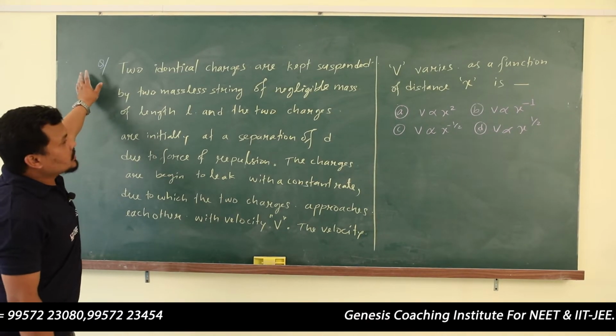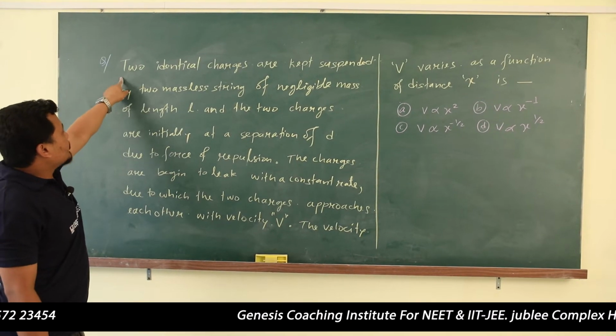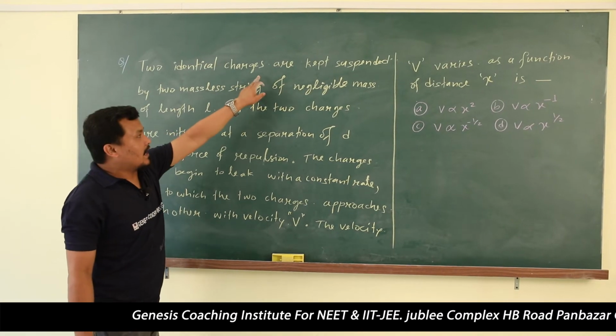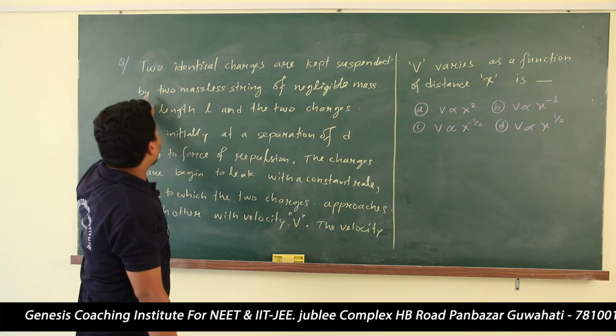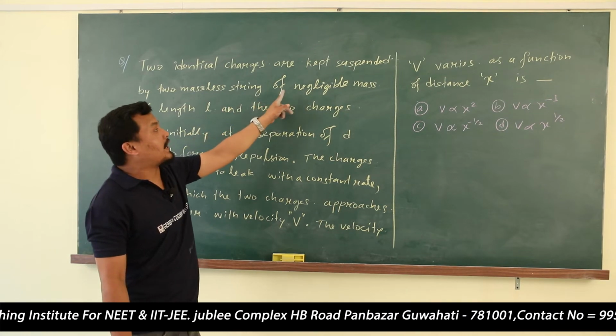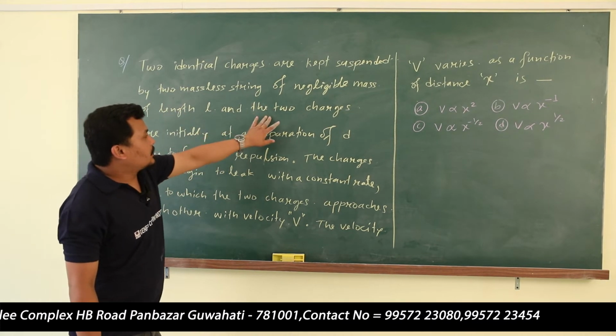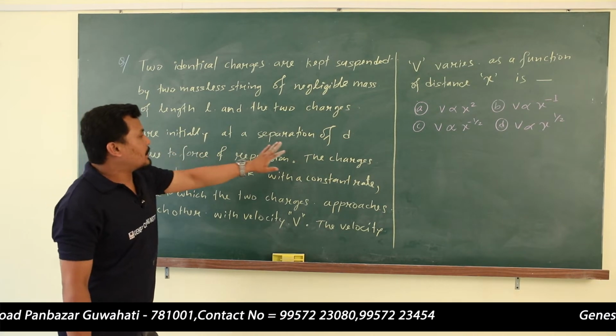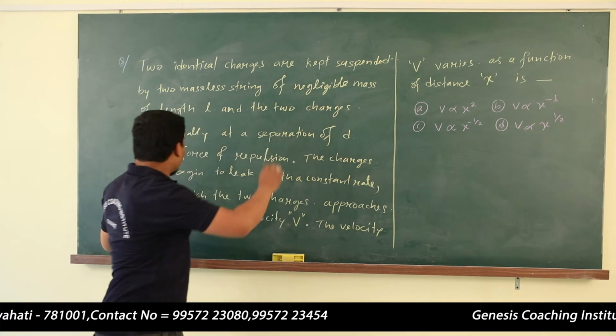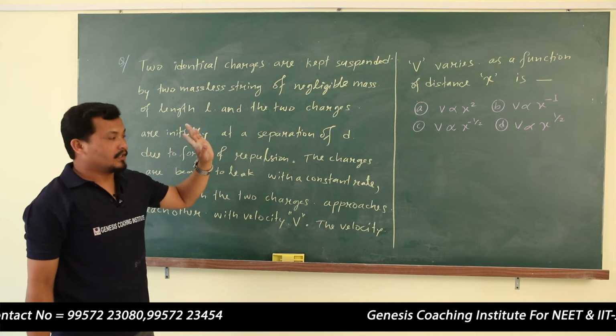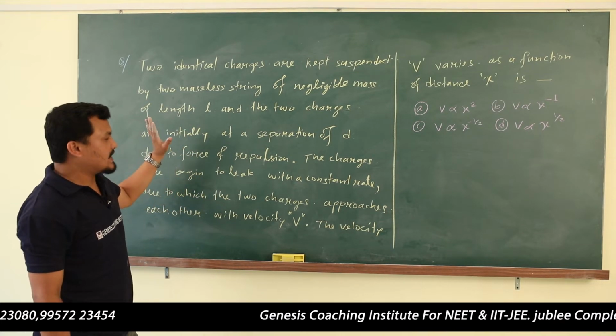The next question is, see, two identical charges are kept suspended by two strings of negligible mass, each of length L, and the two charges are initially at a separation of d due to the force of repulsion. This is the first given condition.